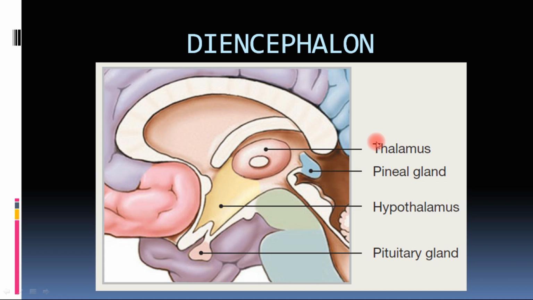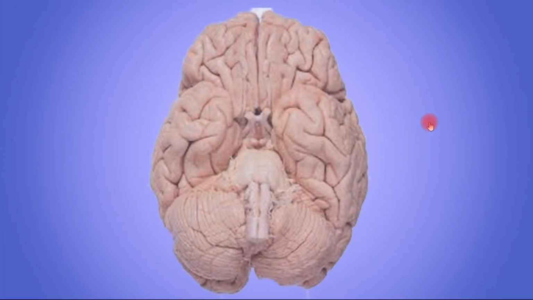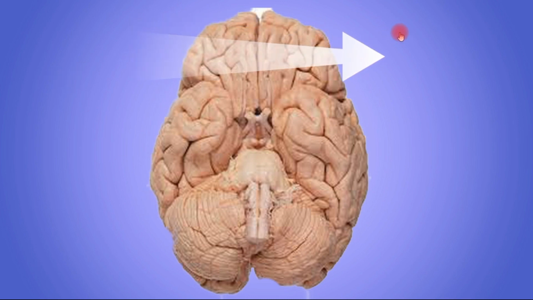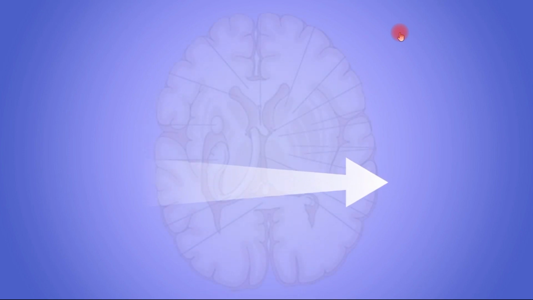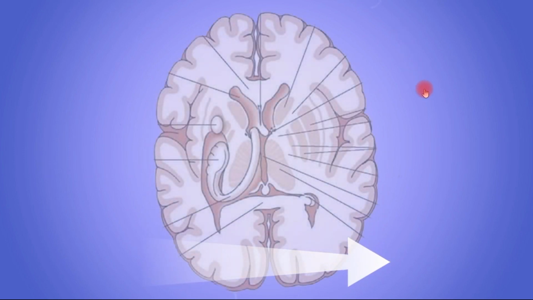To study the anatomy of the thalamus, we are going to study it in the horizontal section. So let us have a look at what the horizontal section of the brain is. When we look at the brain from below upwards, it looks like this. And if we do a section horizontally, this would be the outcome.